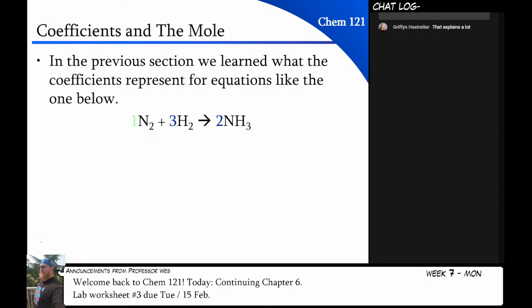If I read this reaction as written, what it is saying is that in a reaction with 1 molecule of N2 and 3 molecules of H2, I will react those to get 2 molecules of NH3.